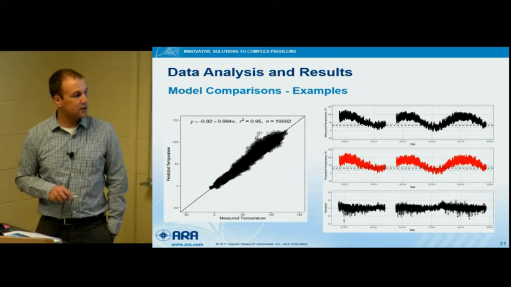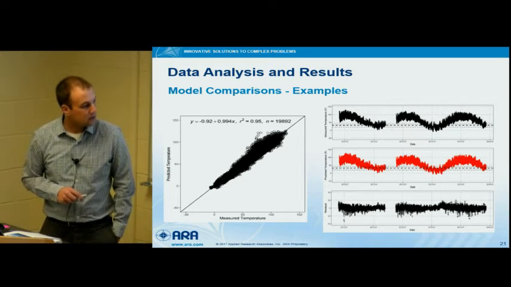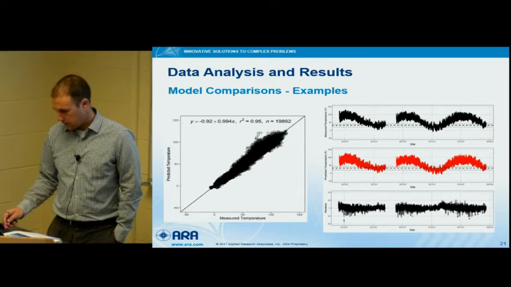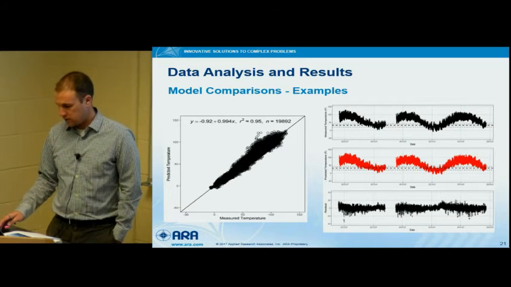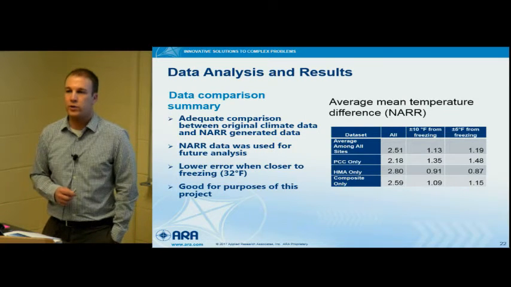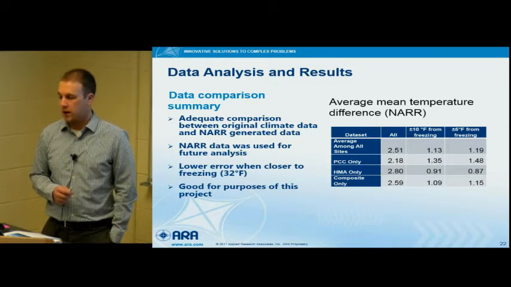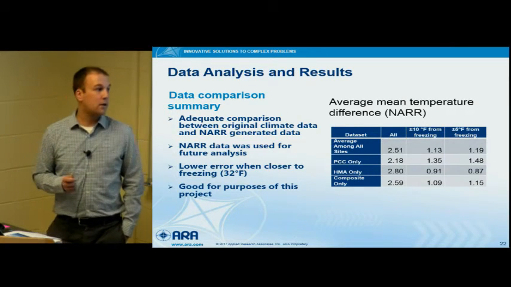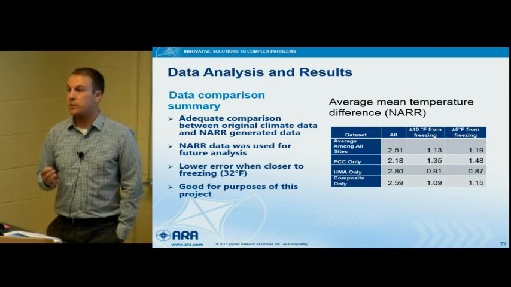You can see here there's a little bit less error at lower temperatures when it is winter. I think this is also an IDOT section. But overall, it was pretty similar between the NARR and the original, but the maximum R squared in a sense.